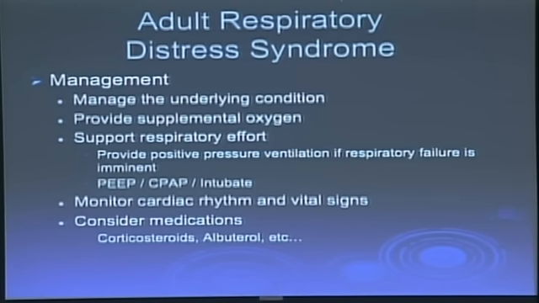So positive pressure ventilation can be done with a PEEP valve on your BVM, can be done by CPAP, or it can be done by intubation and providing positive pressure. And you start out from the easiest one, the one that the patient will most tolerate. Now, if it's in the case of our burn patient, not a problem. RSI them, intubate them, and provide positive pressure ventilation. Obviously, monitor cardiac rhythm.